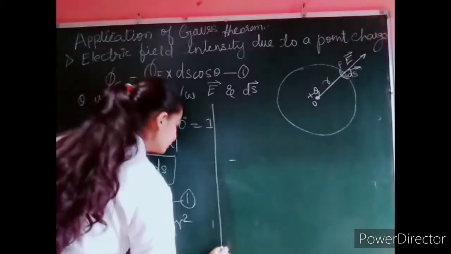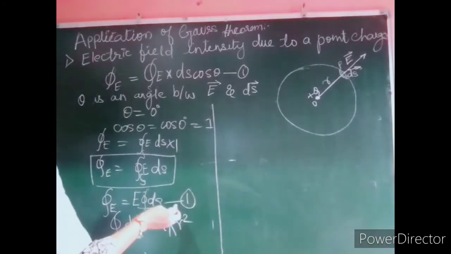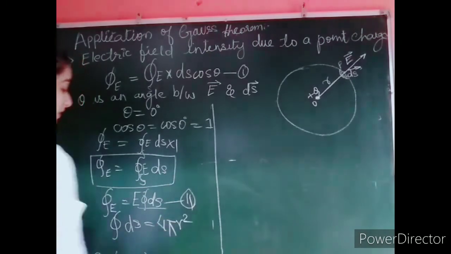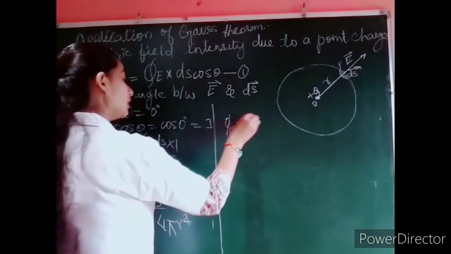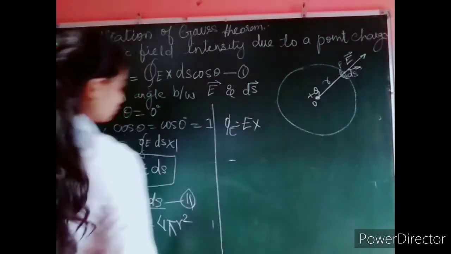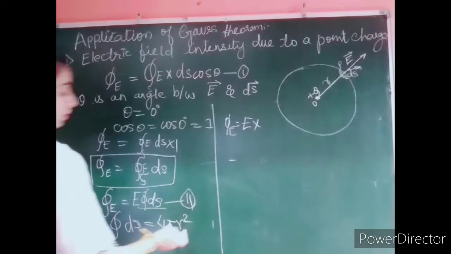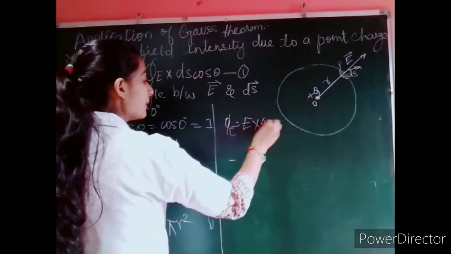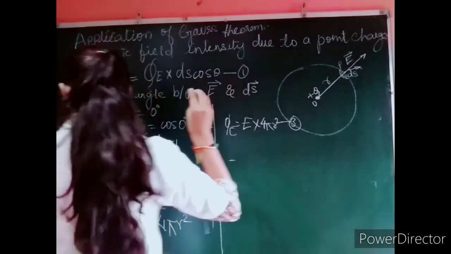Now from equation 1 and 2, this is our equation number 2, we get phi E is equal to E into integral of ds, which is equal to 4 pi r square, that is our equation number 3.